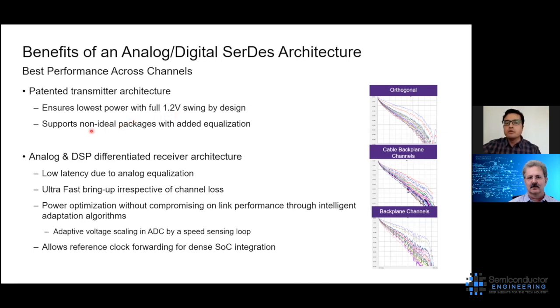And also there are a lot of non-ideal packages. These days the package is adding as much cost as a die, because these are very complicated packages. As I mentioned previously, they are integrating 256 or 512 lanes. So the SerDes by design has to ensure that the non-ideal packages can be compensated with added equalization. Coming to a receiver, this is what I was highlighting previously.